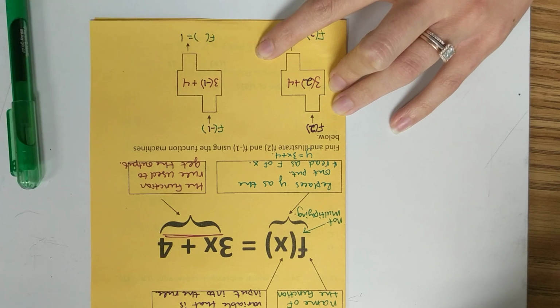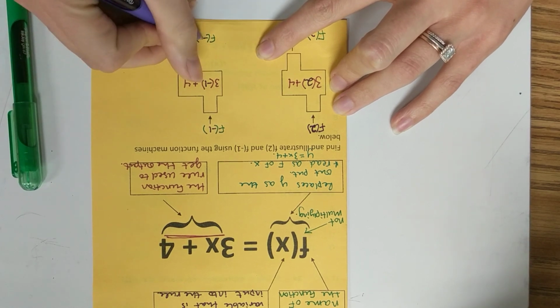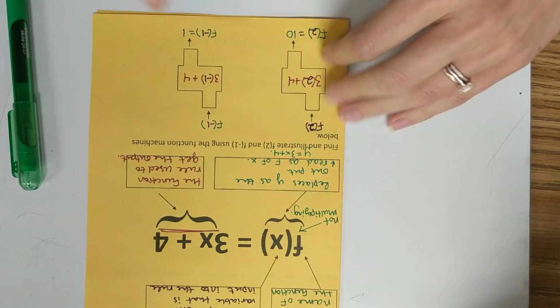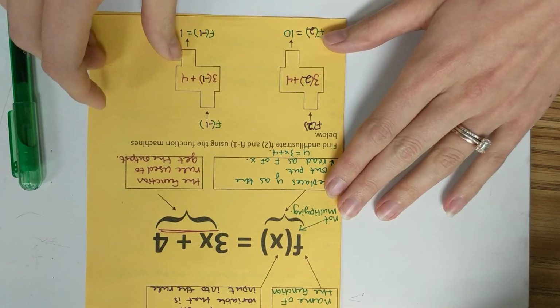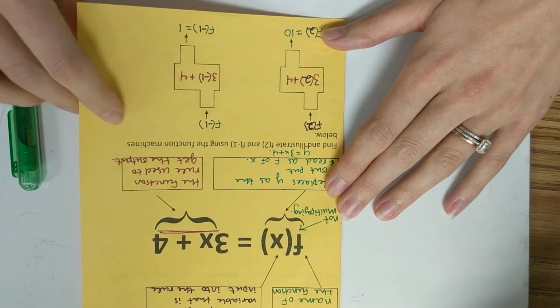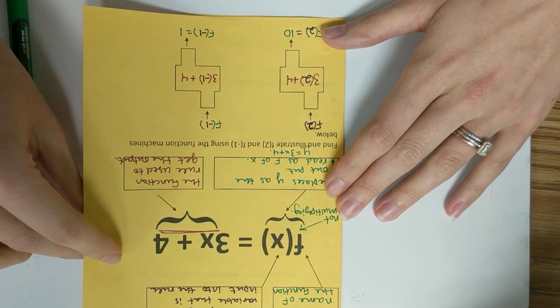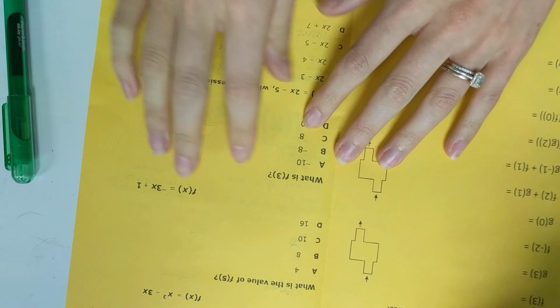So that means that f of negative 1 equals 1. So when I input negative 1, my output is 1. So let's take a look at the inside, which is upside down. Sorry.